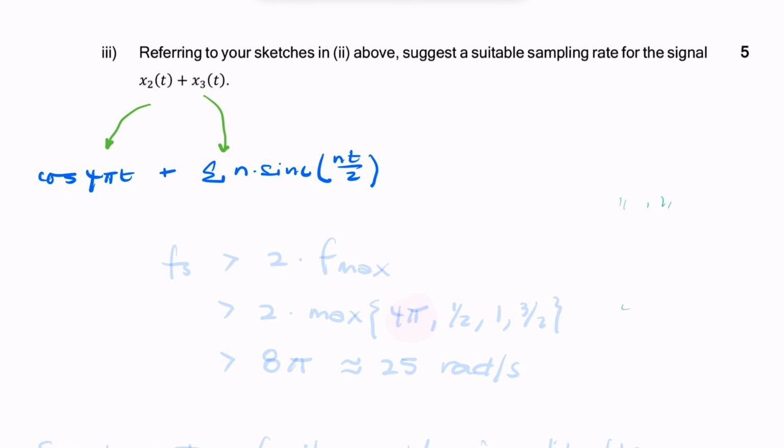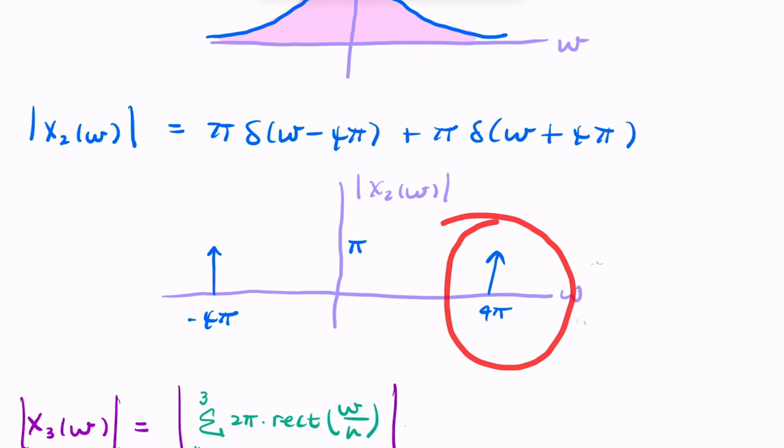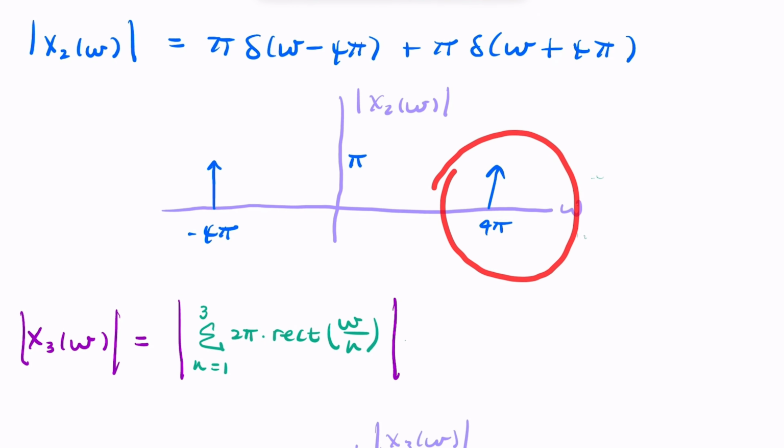So when you're trying to sample, what you want is a frequency greater than twice the highest frequency. The Nyquist rate is twice f max, but the sample rate will be greater than twice f max. So that means greater than 2 times the largest of, so the frequency of cosine 4 pi t in radians per second is going to be 4 pi, which is approximately 12.